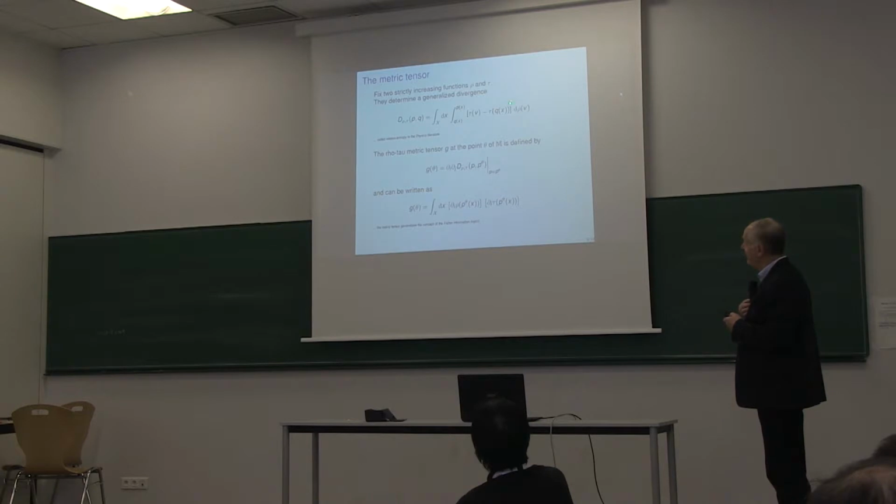The integration is a Stieltjes integral involving the rho function, while the tau function here is used as an argument, and you integrate from the value of one probability distribution to the value of the other one.